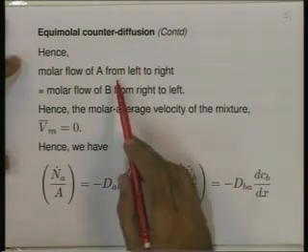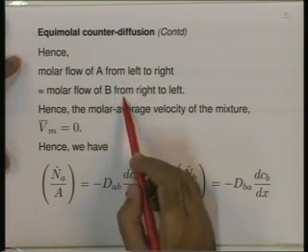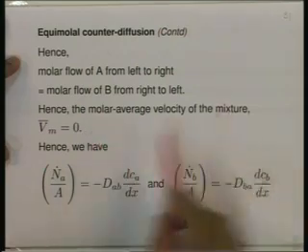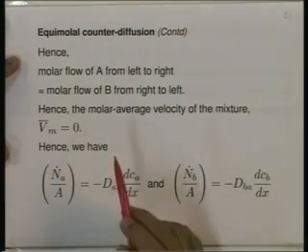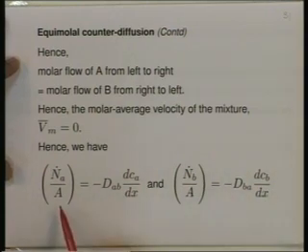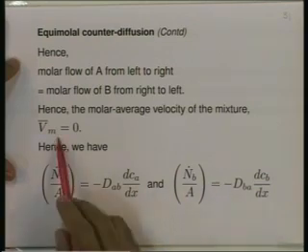Because the number of moles moving from left to right and the number of moles moving from right to left are the same, the molar average velocity of the mixture will be 0. Hence, in our expressions for the molar flux of A and molar flux of B, we will not have the term containing Vm bar, because Vm bar is 0.